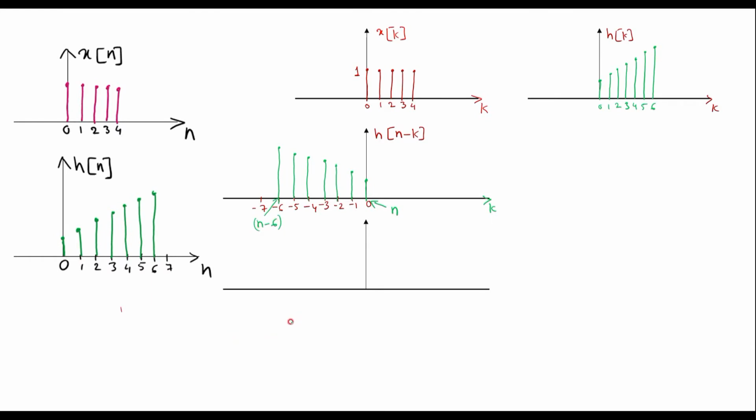Now first we'll find the convolution between x of k and h of n minus k when n value is less than 0. Say this is h of n minus k when n is less than 0. When n is less than 0, we have to shift this h of n minus k signal towards the left. So somewhere I will start from here.